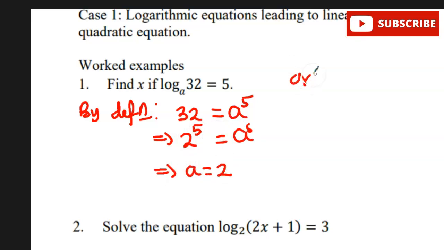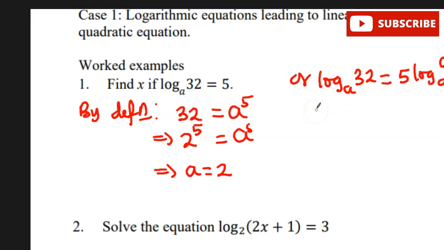Or if you want to use the second concept by expressing both sides as a single log, then we have log to the base a of 32, and we express 5 as a log with base a, so 5 times log a to the base a. We have not changed anything because this is 1.